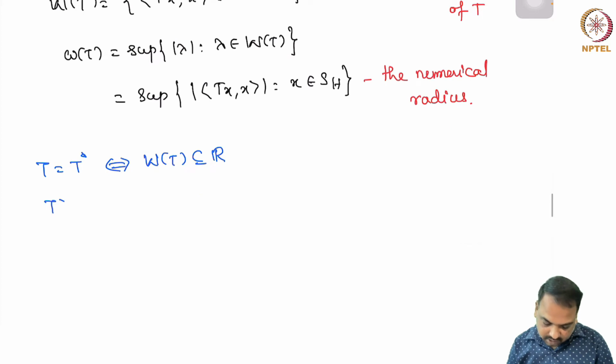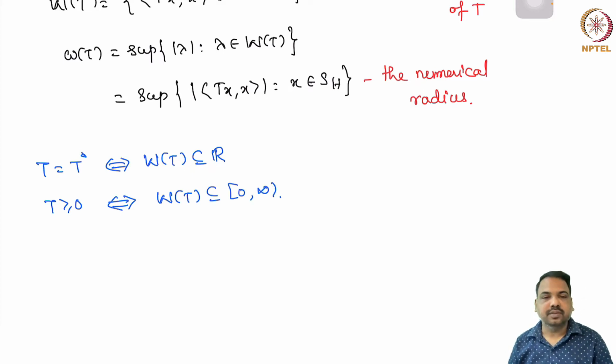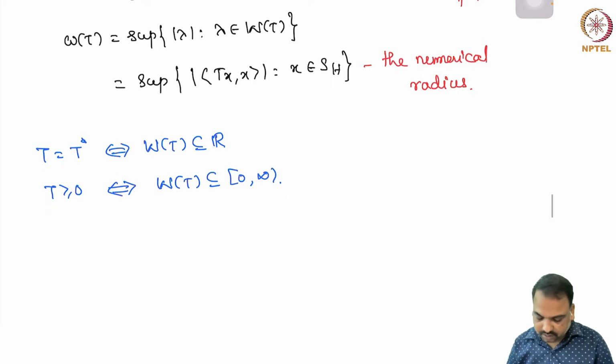And we can say that T is positive if and only if the numerical range of T is contained in [0, infinity). Okay.